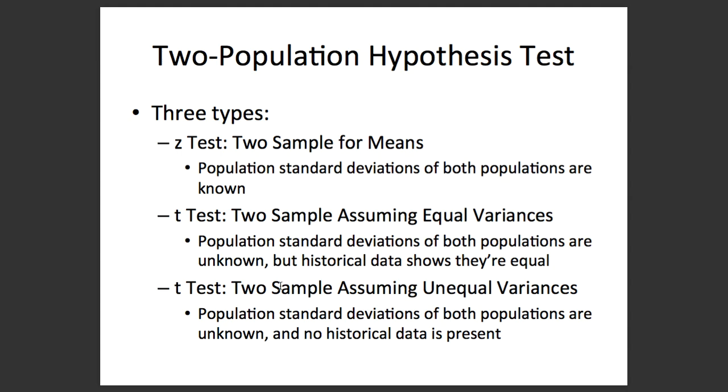But for the last one, and this is more realistic, more practical, this is used if both population standard deviations are unknown, and you don't know if the standard deviations are the same or not. And in most cases, we will have to use this one because in most studies, we don't have population standard deviations, and we also don't know if the standard deviations of the populations are the same.